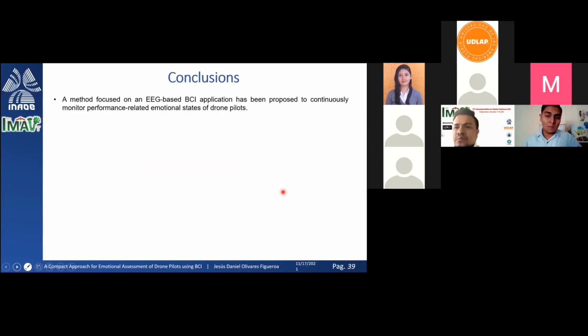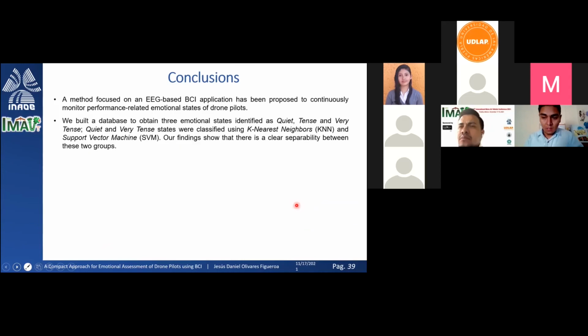So a BCI application based on EEG has been proposed to continuously monitor the emotional performance related to the emotional states of drone pilots. We built a database with the quiet and very tense states to classify using the k-nearest neighbors and support vector machine.